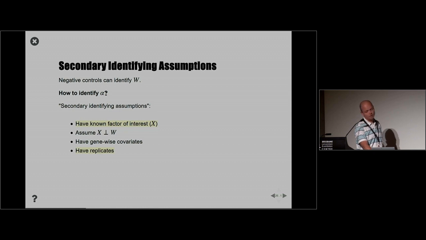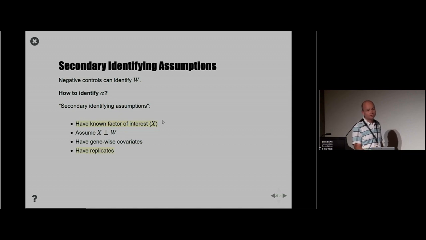There are several ways, once you have the W, that you can go on to also estimate the alpha. One way is to have a known factor of interest. So in our example, we actually know what the factor of interest is. It's gender, and we're trying to estimate the effect of gender. Okay. In other examples, what we're calling the factor of interest might not actually be known.